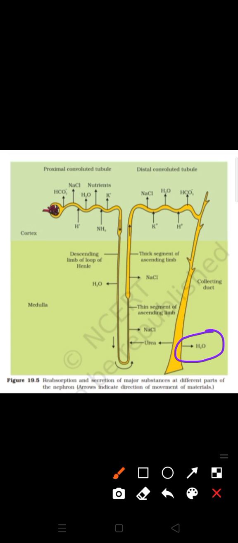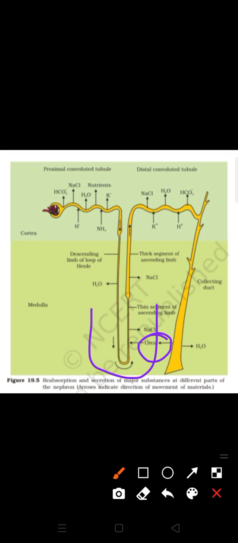This is the reason to produce a concentrated urine; the concentration of urine is also maintained here. It also allows some amount of urea into the medullary interstitium to keep the osmolarity. To balance osmolarity, the urea concentration must be balanced. As I already told you, in the medullary region, in the vasa recta, this urea is also balanced by this region.